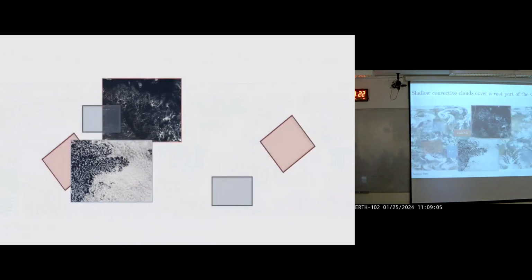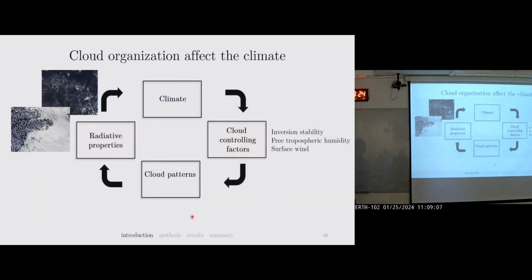So when we look at these patterns, we can think about another feedback loop that has to do with the cloud patterns. We know that cloud organization affects the climate. You can think about it: we have a specific climate today, for example, which translates into numerous cloud controlling factors that will dictate the cloud regime that we'll see. And there are many such cloud controlling factors.